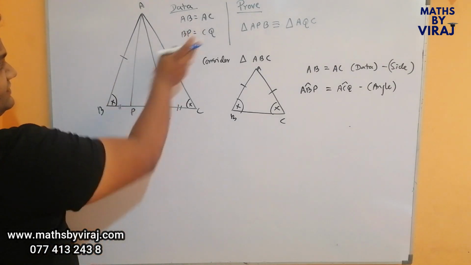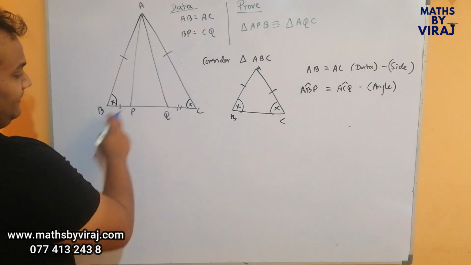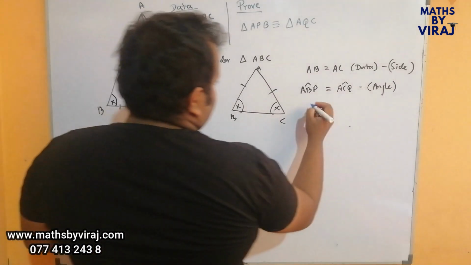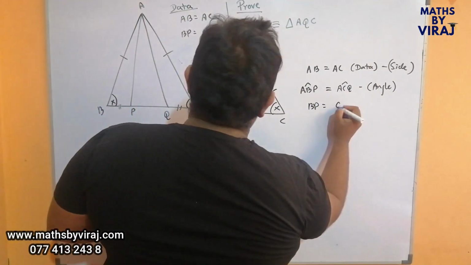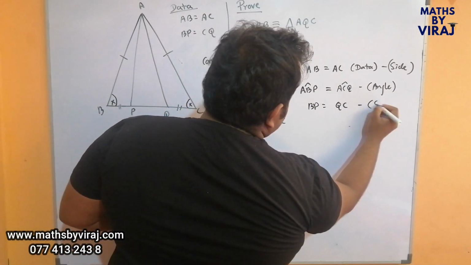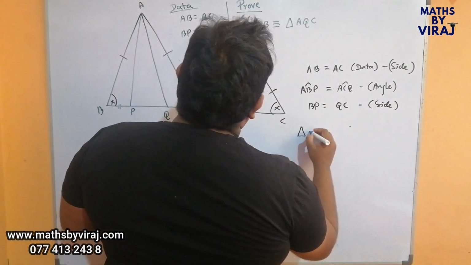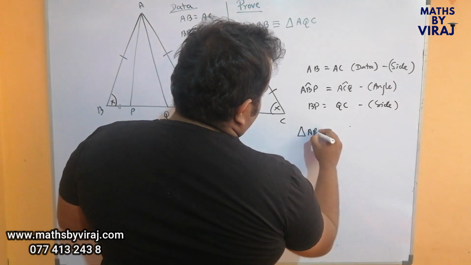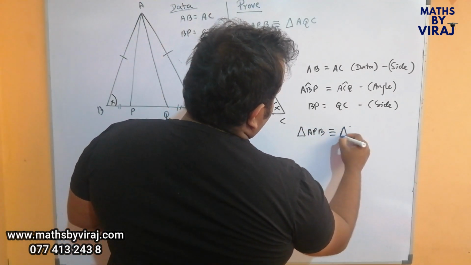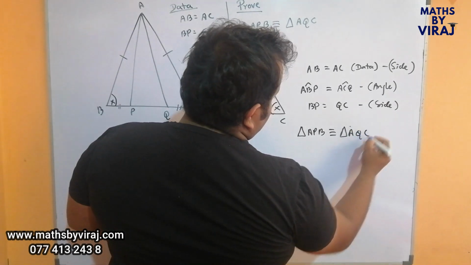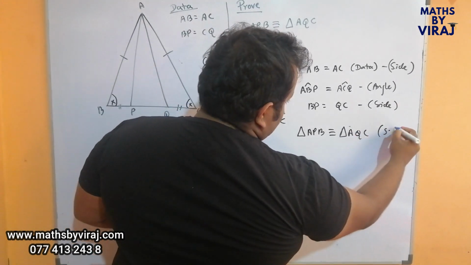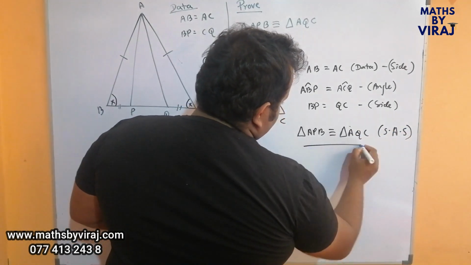Also, it is given to us from data that side BP is equal to QC, which is a side. Therefore, children, we can say that triangle APB is congruent with triangle AQC by side angle side.